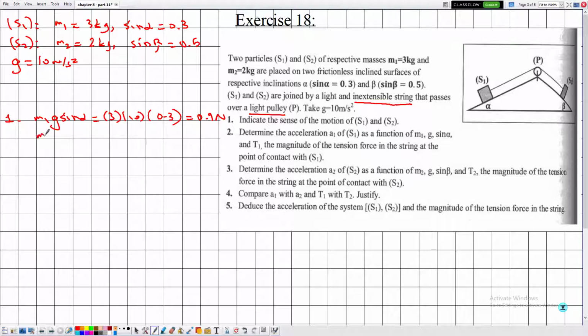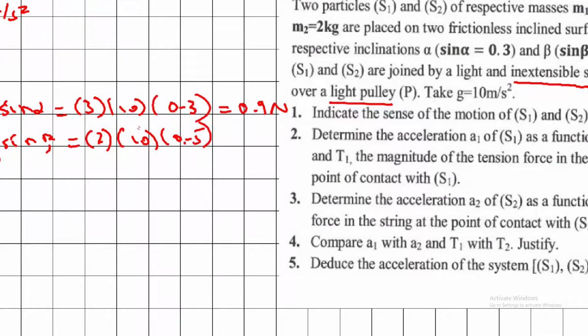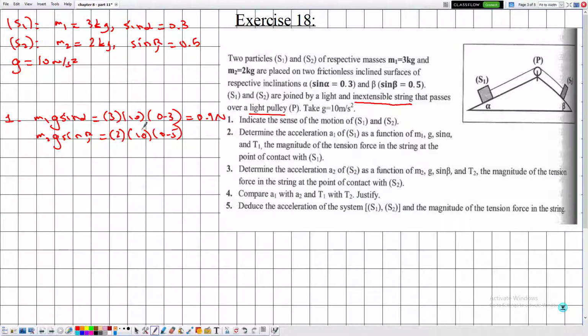Now as for m2 g sine beta, this is equal to 2 multiplied by 10 multiplied by 0.5. Let me check on the calculator. I think this is wrong. This is 9 newtons and this is 10 newtons.